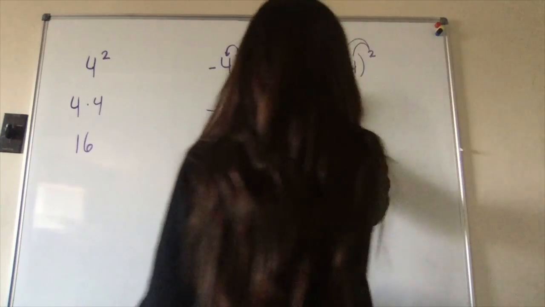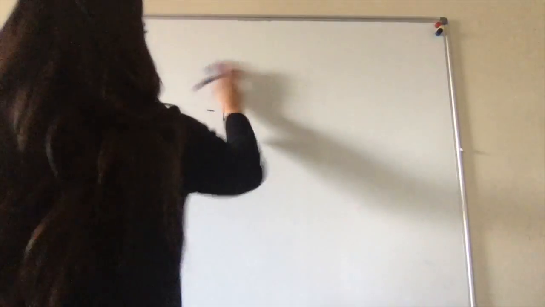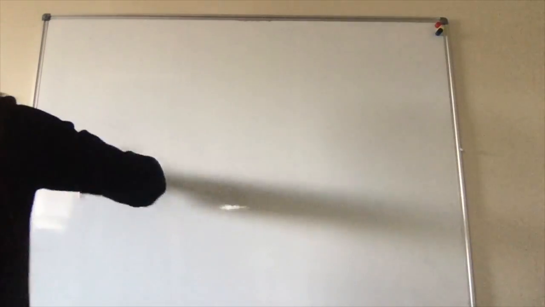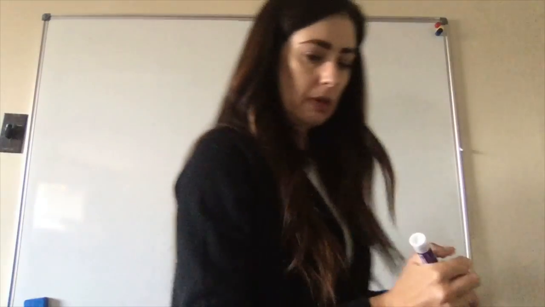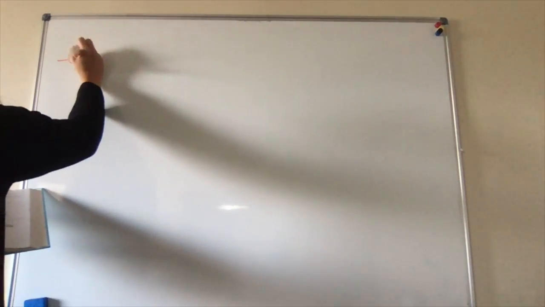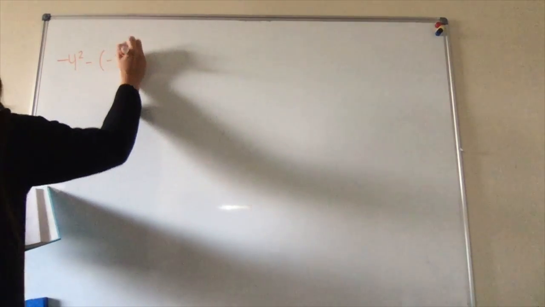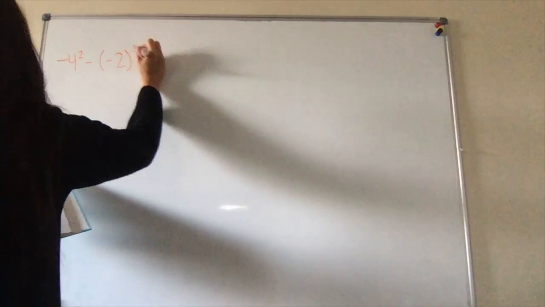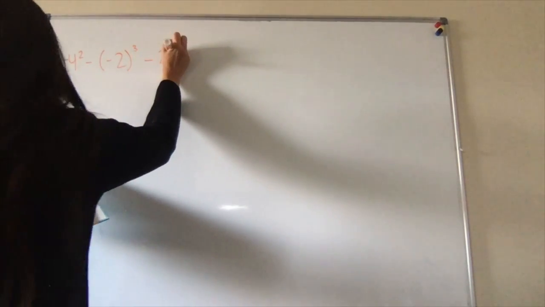So let's do the examples that the book gives us and see how this applies. I'm just going to tell you now, they're kind of doozies. It's going to take some critical thinking on our part. So we have negative 4 squared minus negative 2 cubed minus 2 squared.